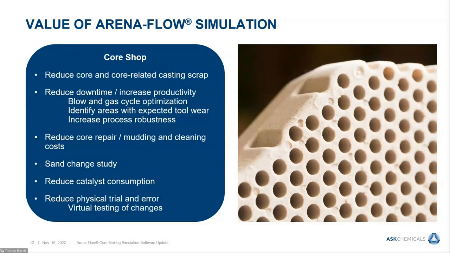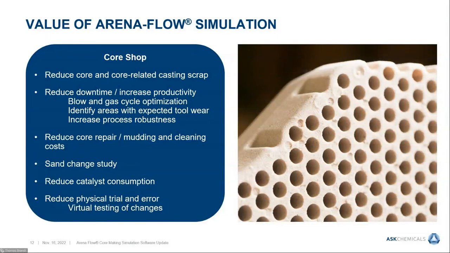We can look at what happens if we change the grain fineness. Take a look at optimizing gassing cycles and save time by applying any possible trial and error in the virtual world before we actually implement them in the tool.